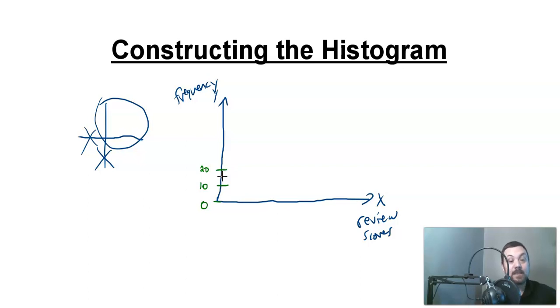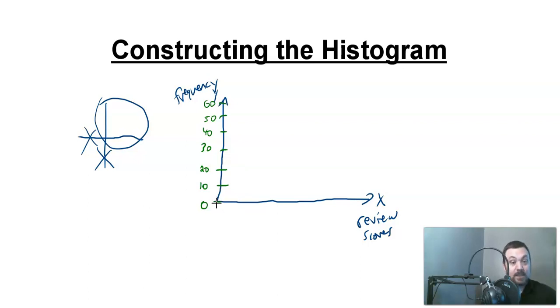So I'm doing my best by hand to make sure that this gap here from 0 to 10 measures the same distance as this gap from 10 to 20. And I'll try to do the same thing here. So from 20 to 30, 30 to 40, 40 to 50, and then 50 to 60. So I tried my best to keep this spacing the same throughout. It's not perfect. I got a little bit cramped up here, but I think it'll be adequate for our purposes.